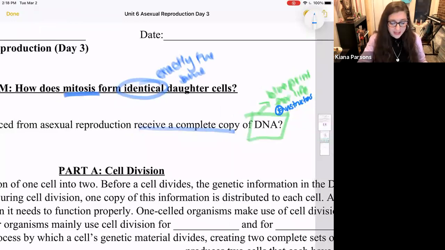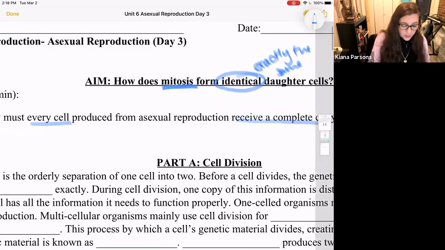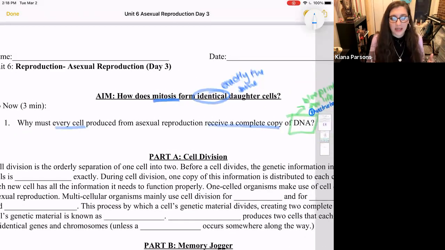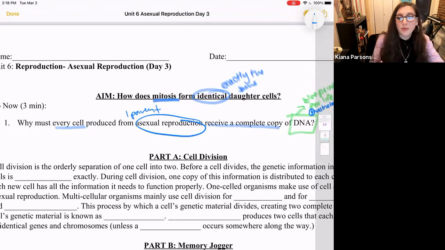You won't be able to finish your piece of furniture. So in order to produce another organism asexually, a complete copy of DNA must be duplicated and passed on. Especially because with asexual reproduction, there's only going to be one parent. There's no other contributing DNA.